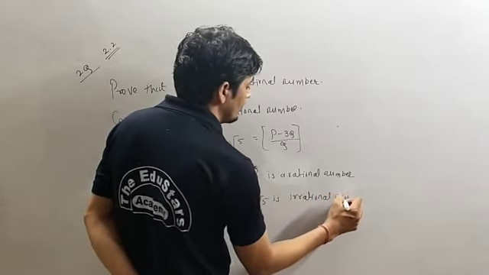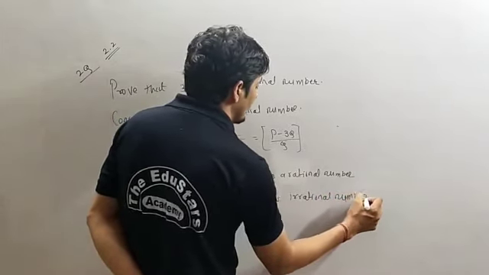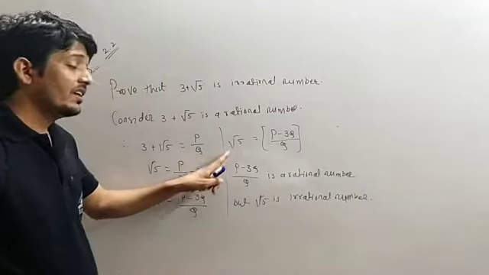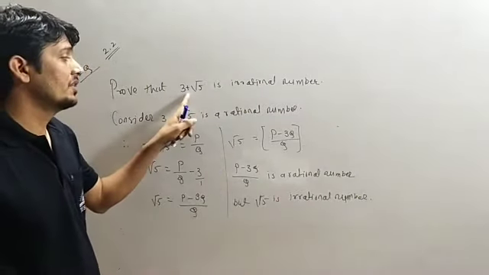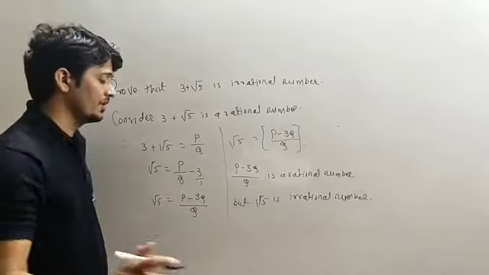If root 5 is an irrational number, then 3 plus root 5 is also an irrational number.